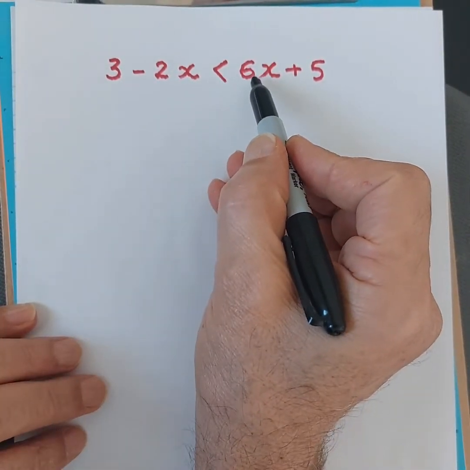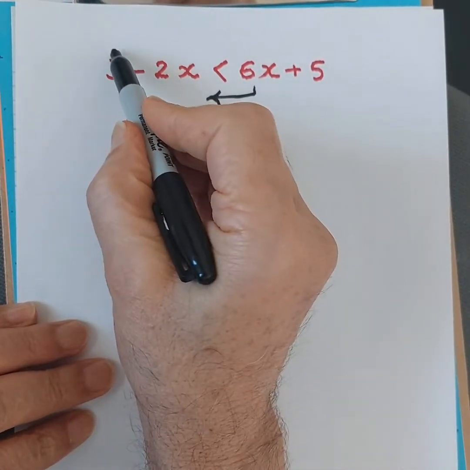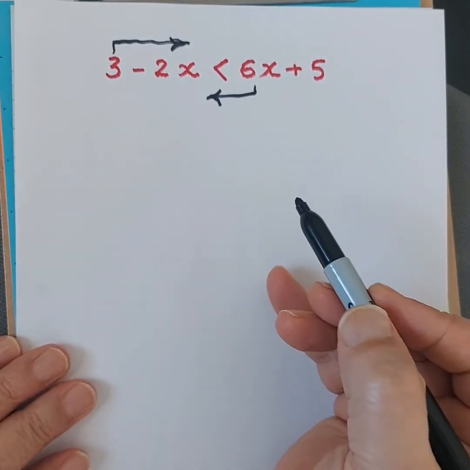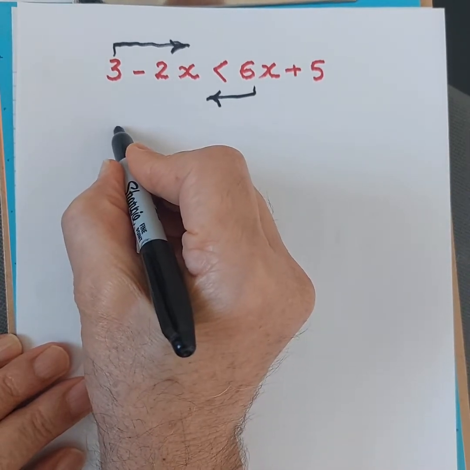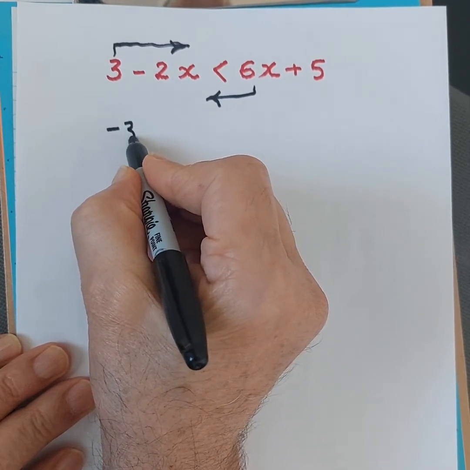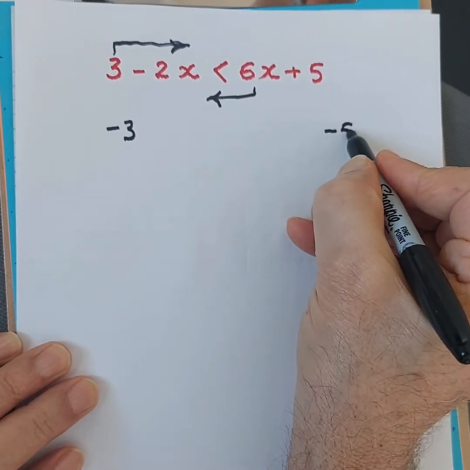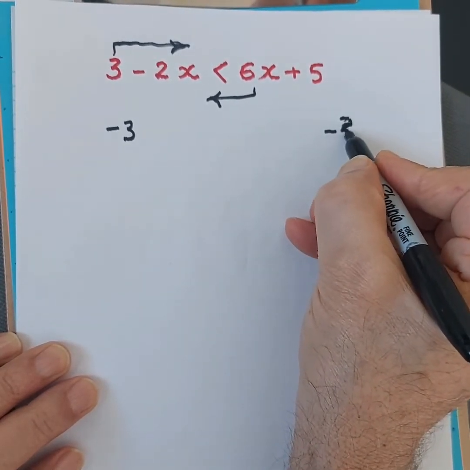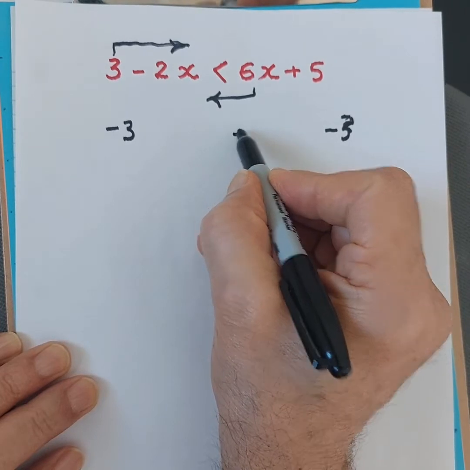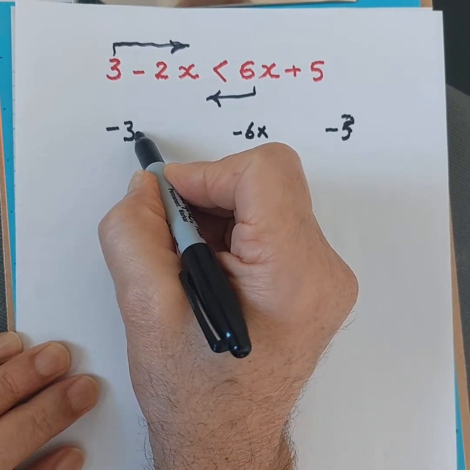First, let us move 6x to this side, and we will move 3 to the other side. This is the first step we can do. So here, we move 3 by adding negative 3 on both sides of the inequality, and also by adding negative 6x on both sides of the inequality.